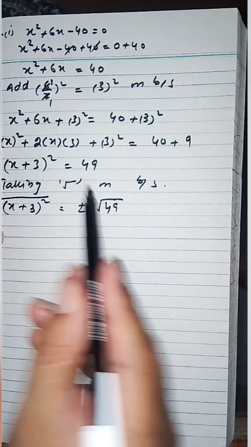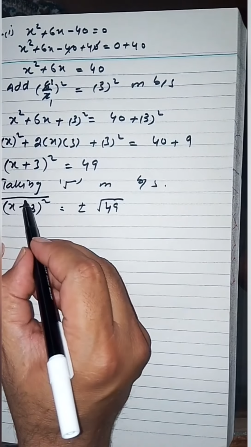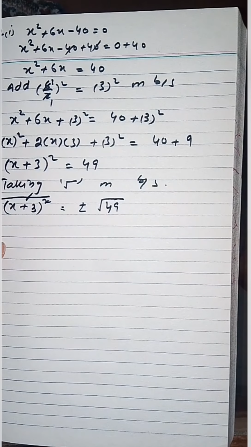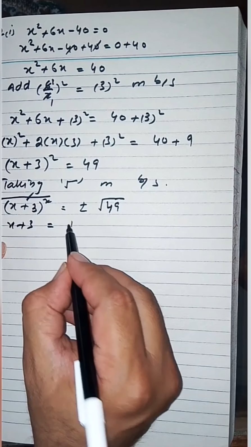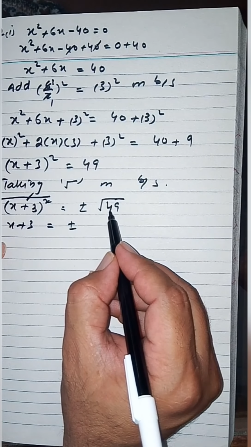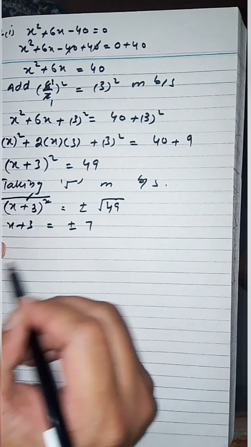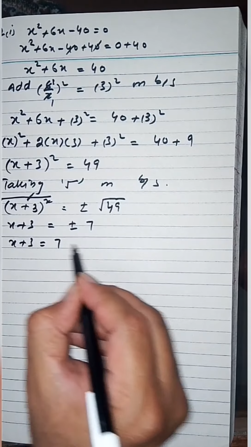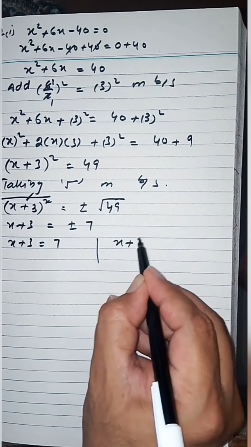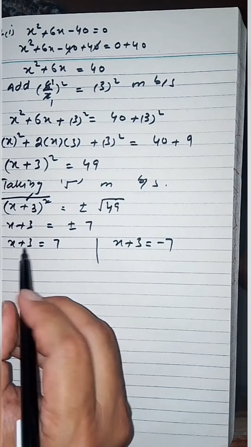So for this purpose we put here plus minus. These two cancel with each other. We get here x plus 3 equals plus minus, taking the square root of 49 we get 7. Now we can write it x plus 3 equals plus 7 or x plus 3 equals minus 7.